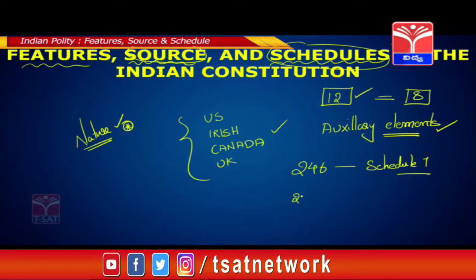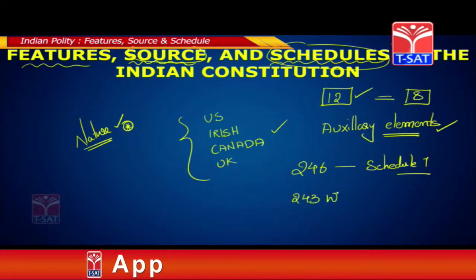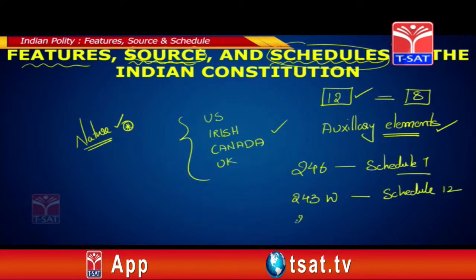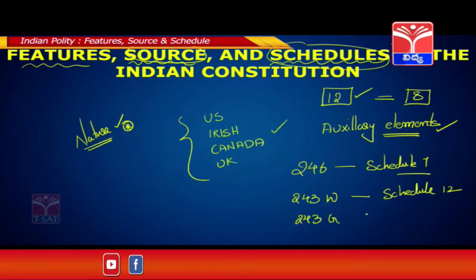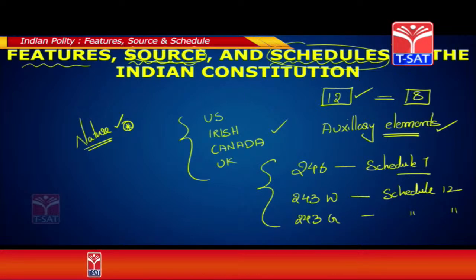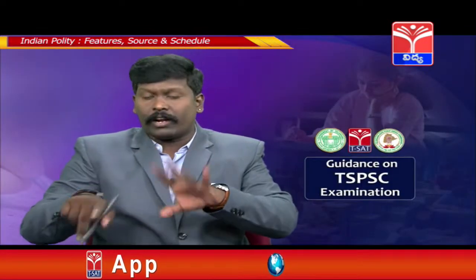Article 243W is linked to Schedule 12. Article 243G is linked to Schedule 11. So, important articles of the Indian Constitution are further explained in detail in your schedules.